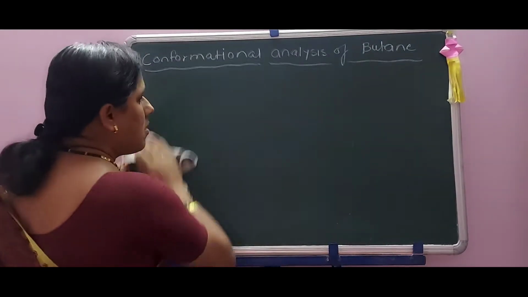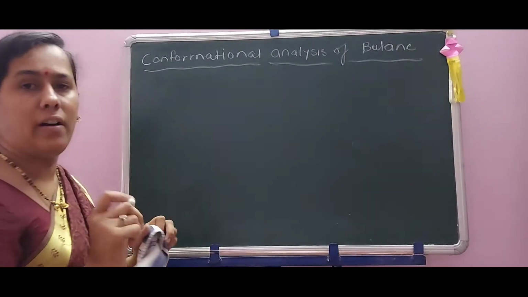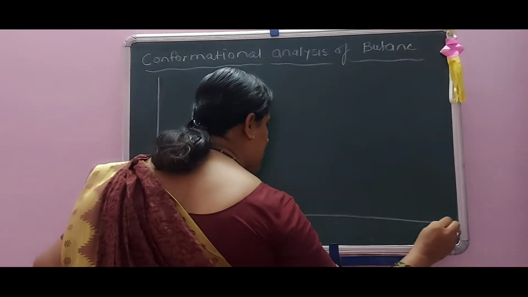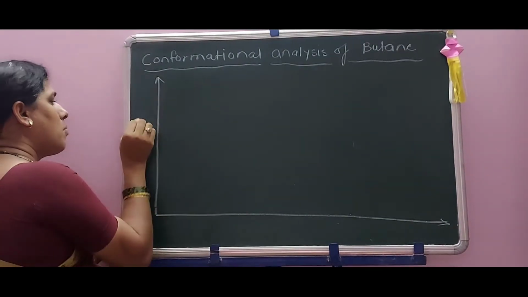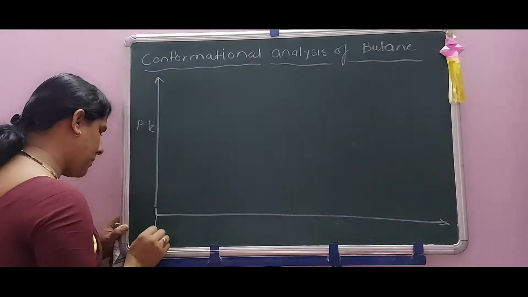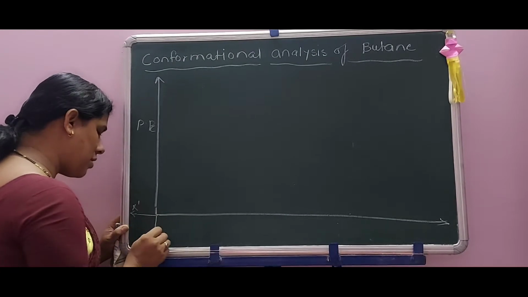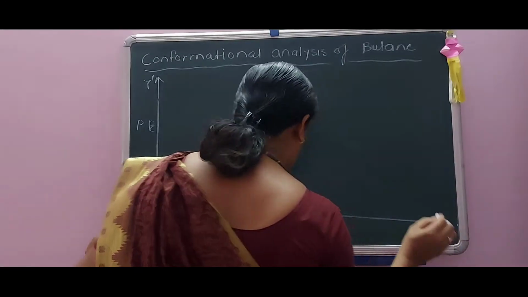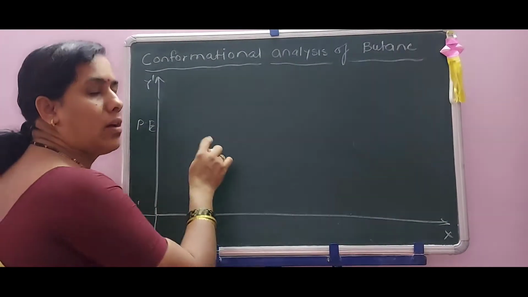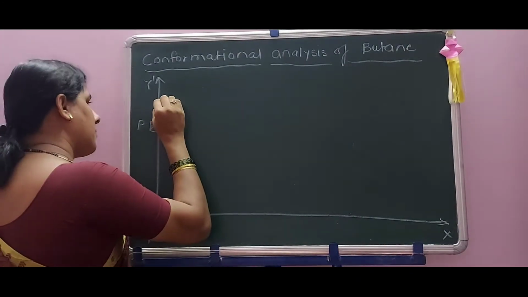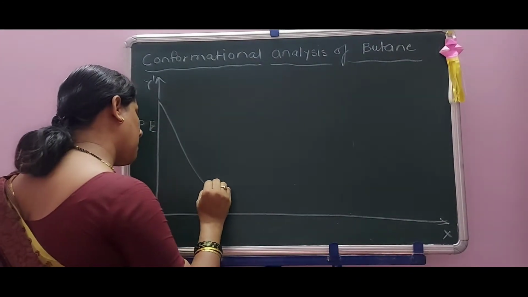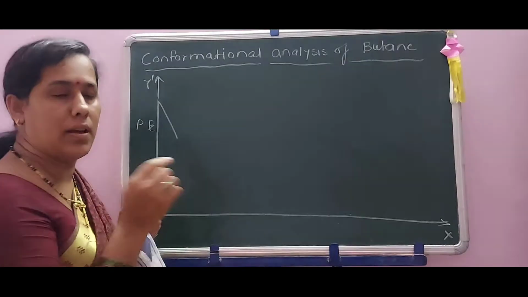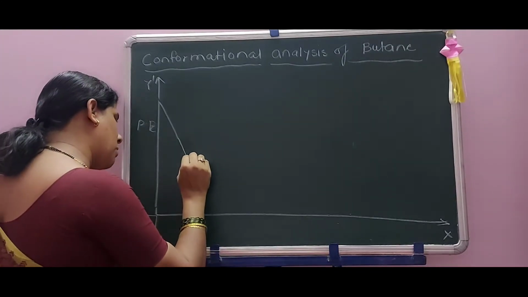First I am drawing the potential energy versus the dihedral angle. The diagrammatic representation is like this. Here potential energy is on the y-axis, this is x and x dash, y and y dash. Now look at this drawing.